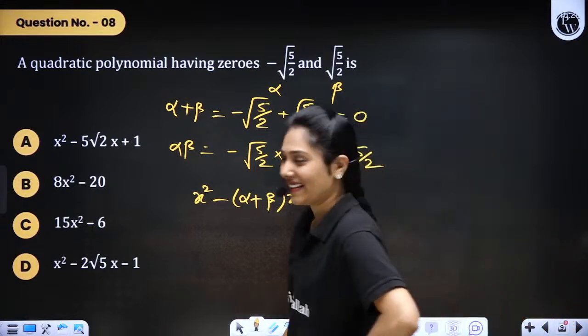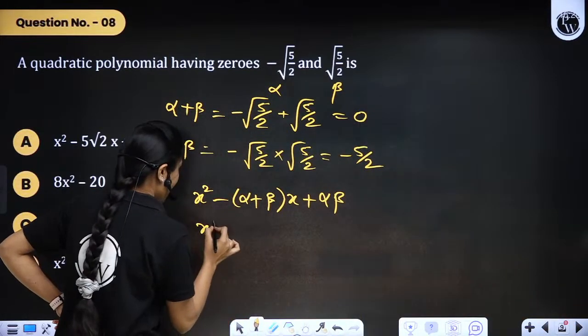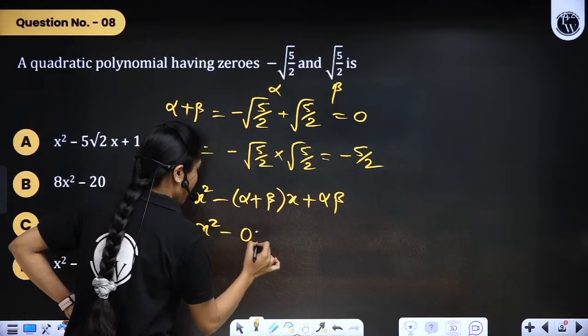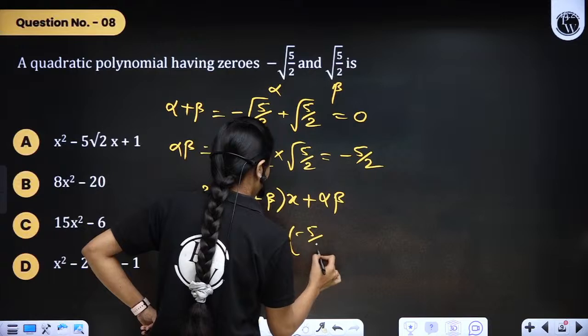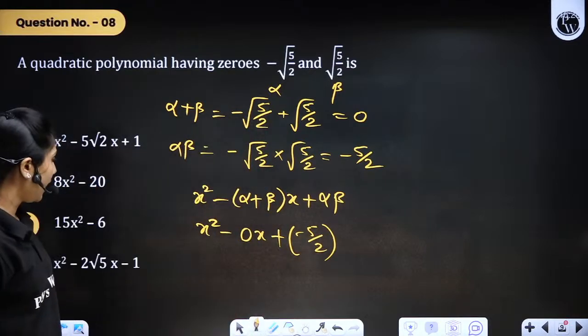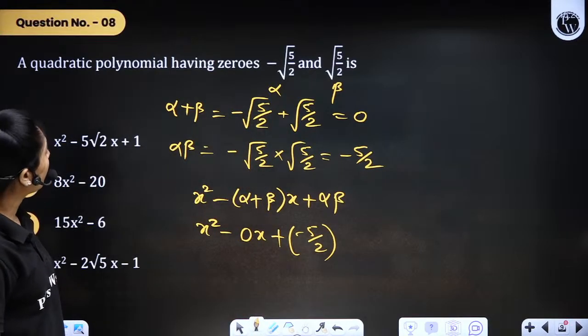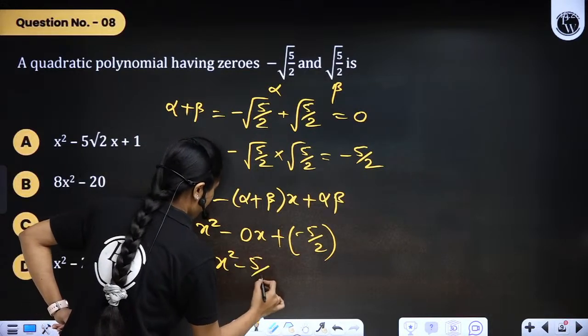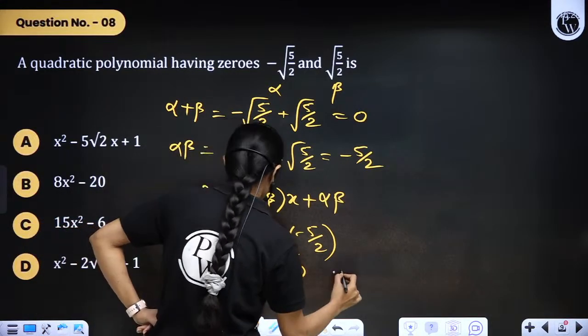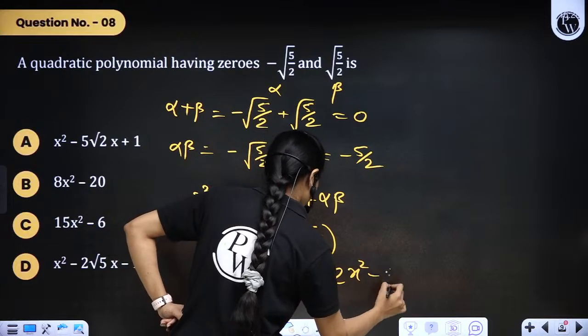Okay, so x square minus 0x plus alpha into beta is minus of 5 by 2. So it is x square minus 5 by 2, which is 2x square minus 5.